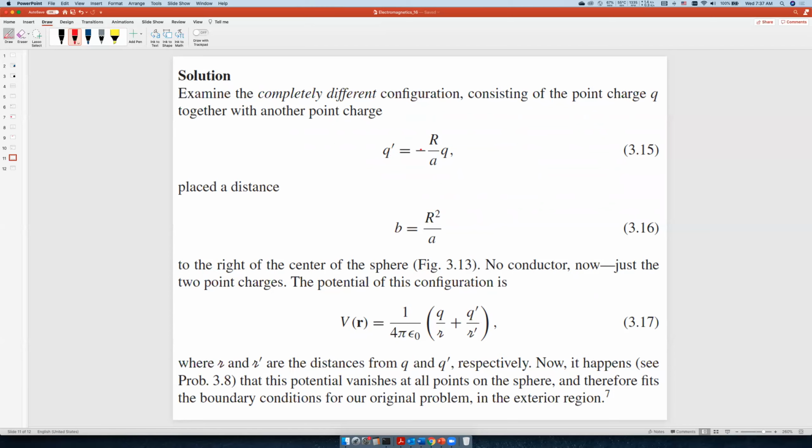Q prime equals negative R over a times Q. Place this charge at a distance b equals R squared over a to the right of the center of the sphere, and then remove the conductor. Now there is no conductor, there are only two point charges. The potential of this configuration is the same.